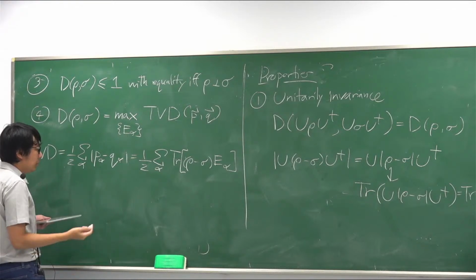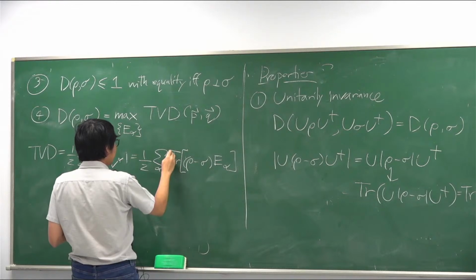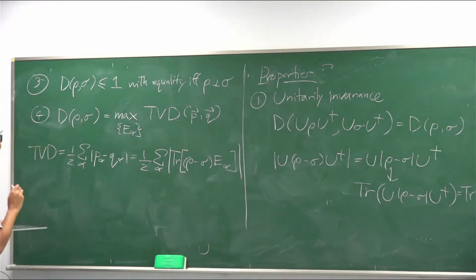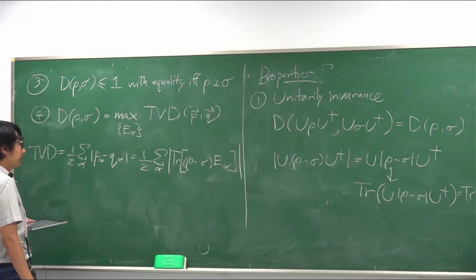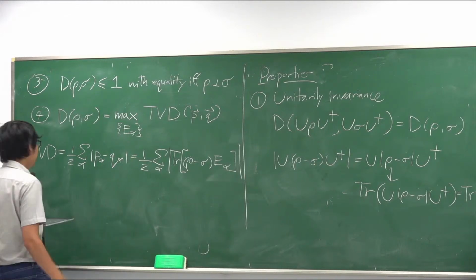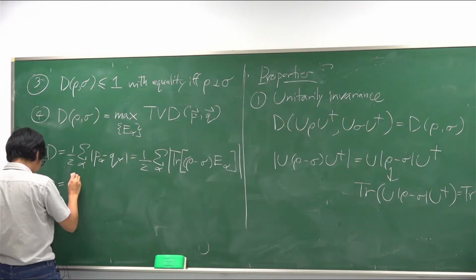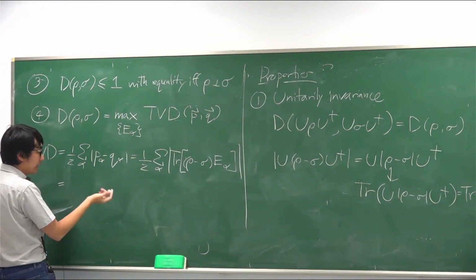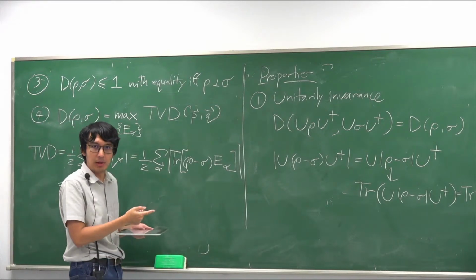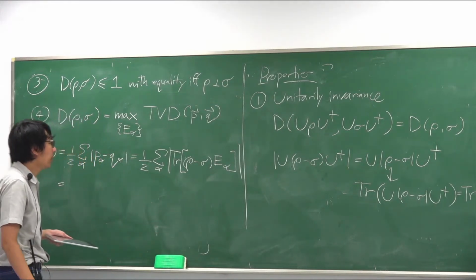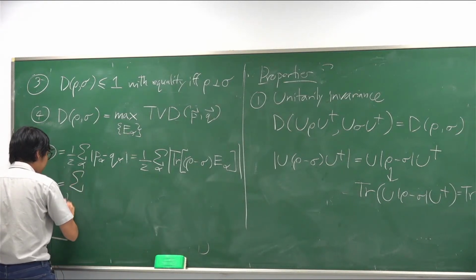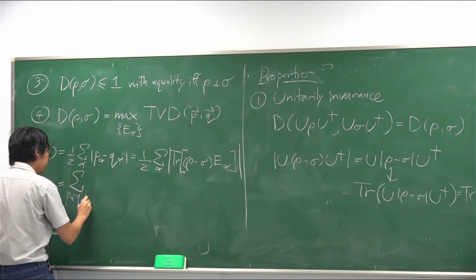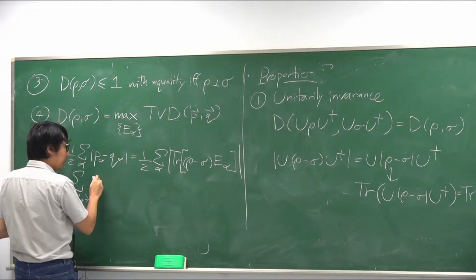Now I can split it into the positive and negative part, and then both parts should be equal.